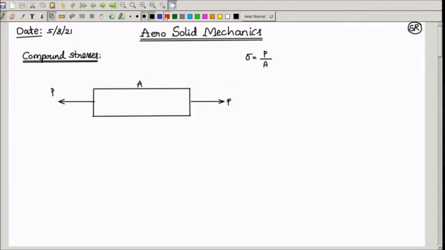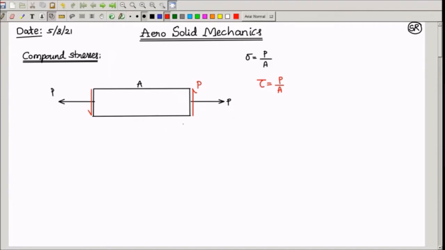Now, if there is a possibility of applying a force like this on the surface, it is actually a shear force. The corresponding stress induced is called shear stress, and shear stress is given by tau is equal to P by A. So if you consider the bar now with tensile force and shear force, it is actually different from a uniaxial stress system.